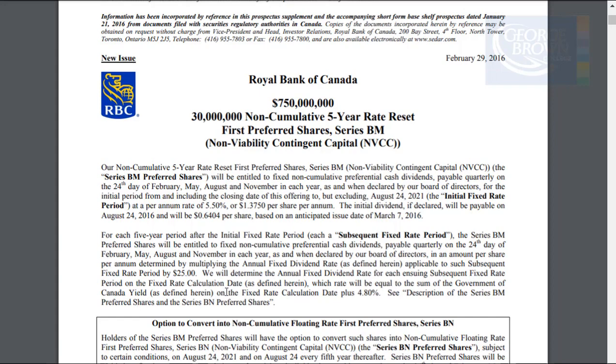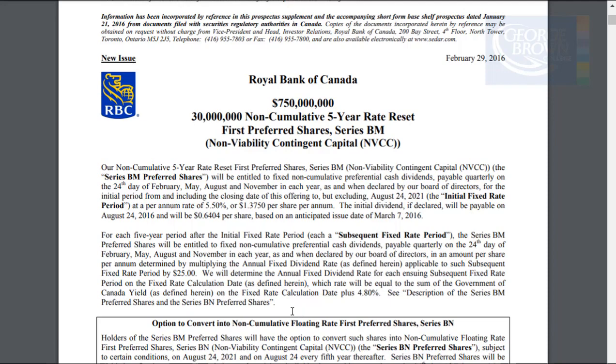But what it's saying here is we will determine the annual fixed dividend rate for each ensuing subsequent fixed rate period on the fixed rate calculation date, and that rate will be equal to the sum of the Government of Canada yield. So that was something that we looked at in terms of fixed income securities, sovereign bonds, and the yield curve. So again, this is an application of it.